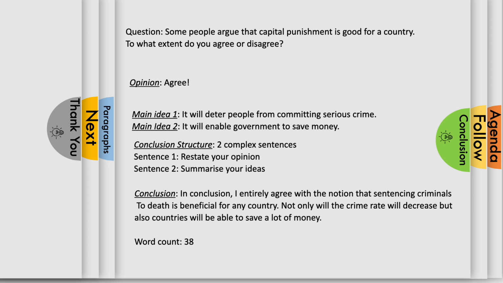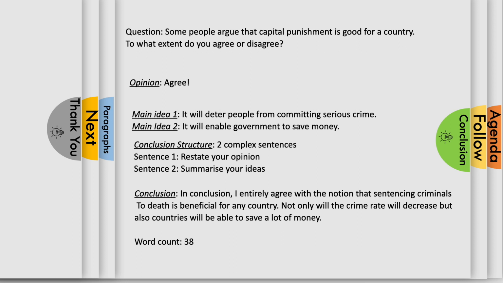So my next sentence would be, not only will the crime rate decrease, but also countries will be able to save a lot of money. Okay, so we had two ideas, that it will deter people from committing serious crimes. So I have paraphrased that as the crime rate will decrease, and my second main idea was, it will enable government to save money. So that also I included in my conclusion.